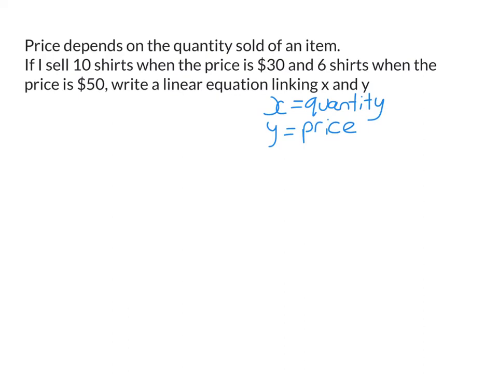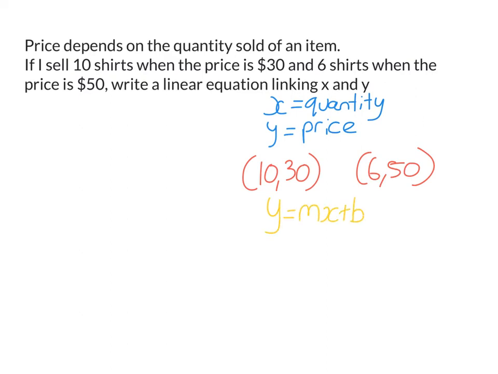So to find the equation linking x and y, we've got the first point, so quantity and price, and the second point, quantity and price. So we're just going to do what we did before. We're going to find y equals mx plus b. Firstly, we find the gradient m, y2 minus y1 over x2 minus x1.